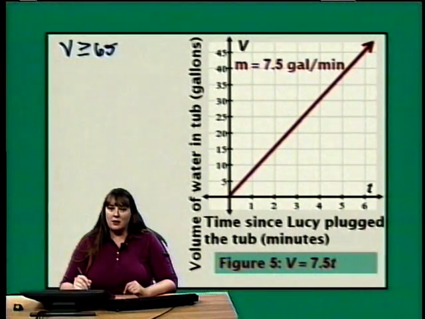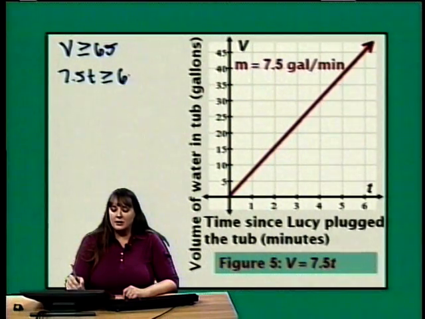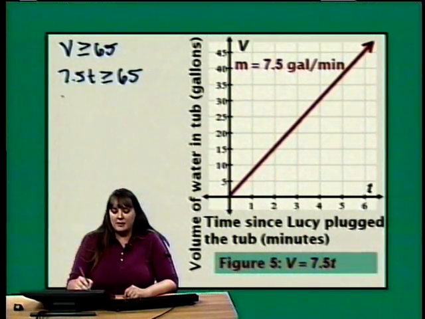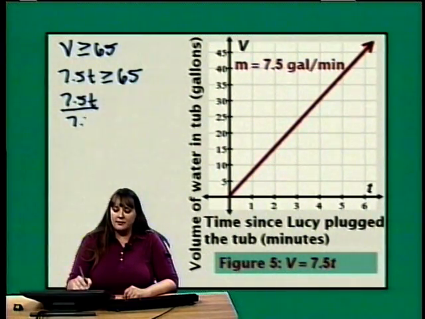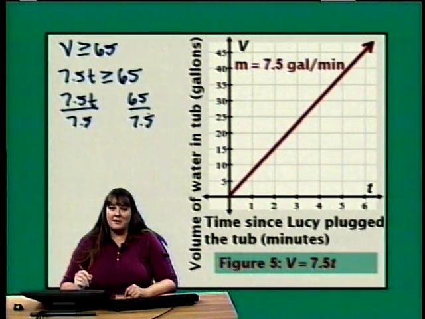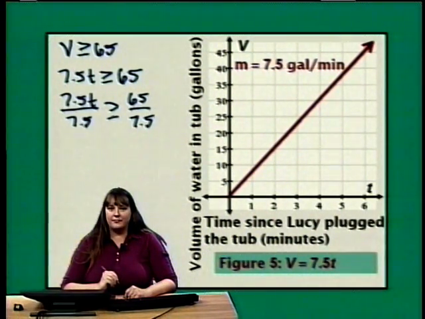Thinking about our model, V equals 7.5 T, we need to know, when is 7.5 T greater than or equal to 65? To solve this inequality, I would need to divide both sides of the inequality by 7.5. Since 7.5 is a positive number, the sense of the inequality remains the same.